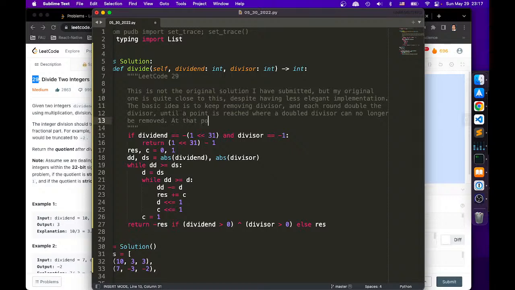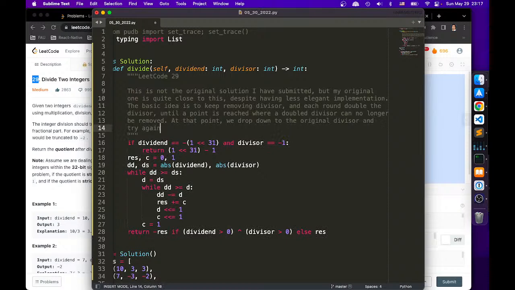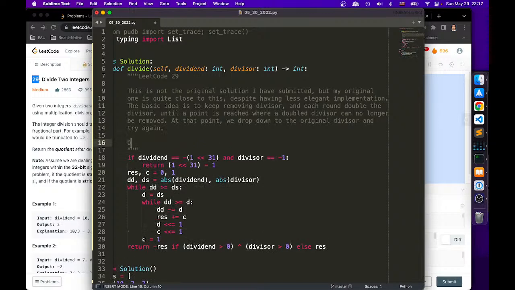At that point, we drop down to the original divisor and try again. I believe this is O(log) of the dividend. Yeah, it's like that.